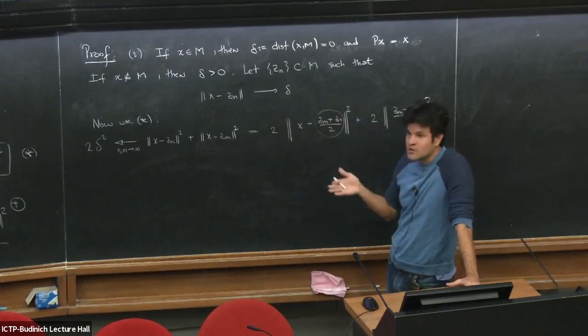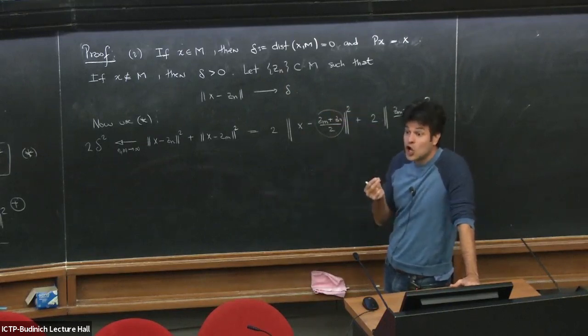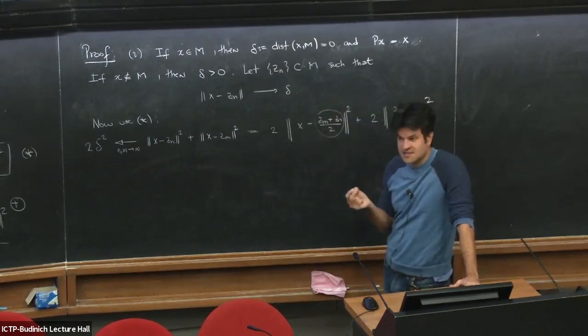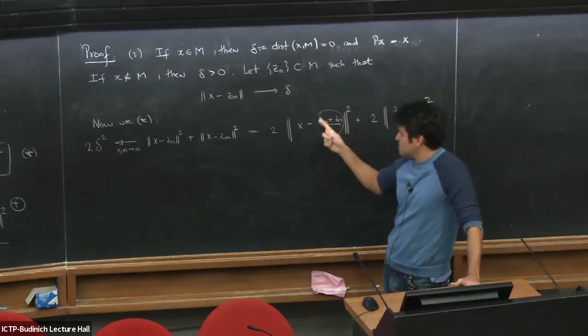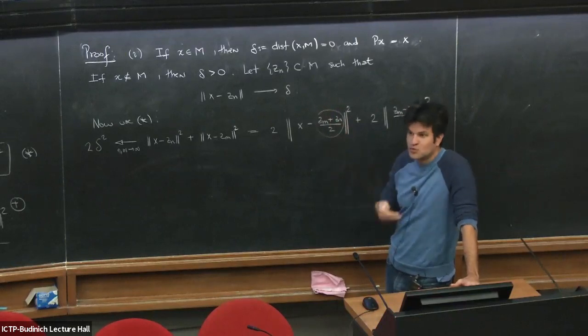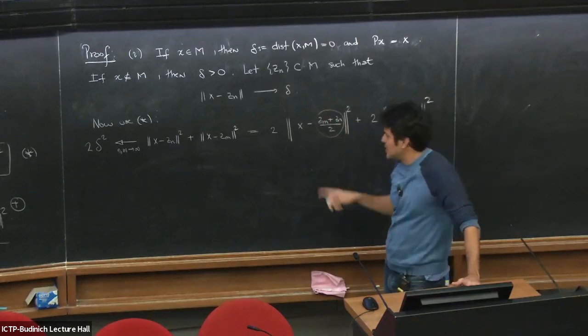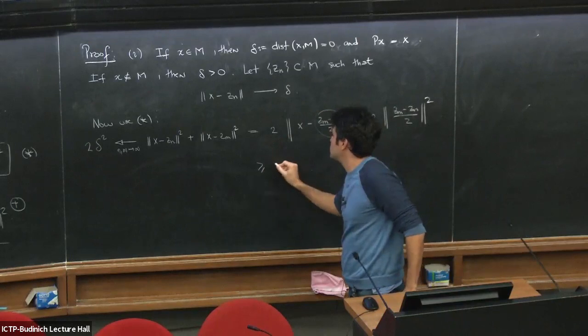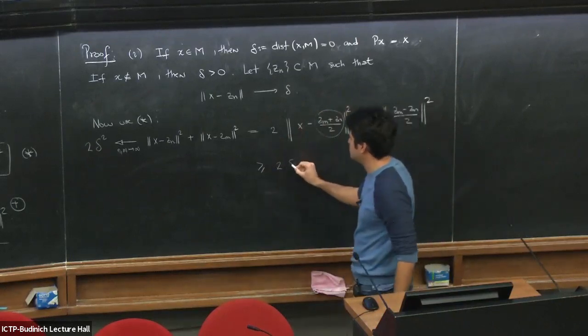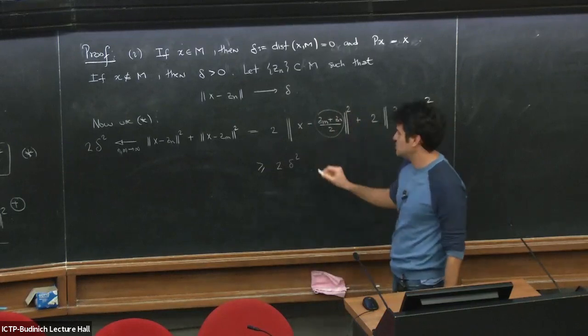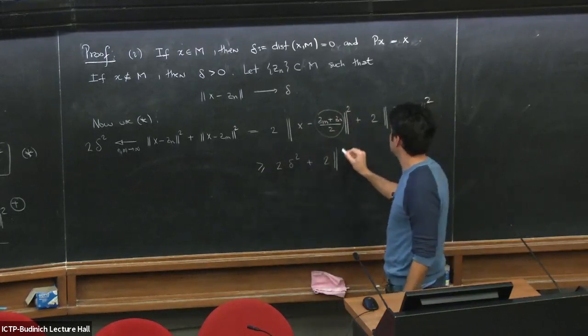This same argument works if you have any closed and convex set. Whenever you have a closed and convex set, the sum of two points over 2 belongs to that set. And therefore, this is bigger or equal than 2 times, well, the distance from x to any guy in the set is bigger than delta. So you get 2 delta squared plus 2 times the norm of (Zm minus Zn) over 2 squared.